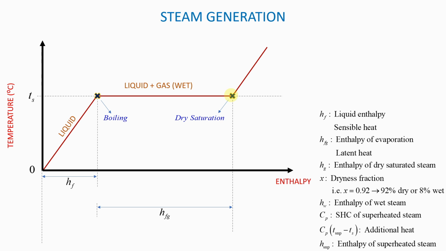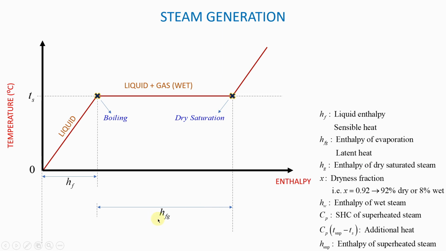I hope this is making sense. So the heat that you need to add to the liquid from the moment it starts boiling, for all the liquid to be evaporated and the gas to become dry saturated, that heat that you need to add is this here, and this is what we refer to as HFG.